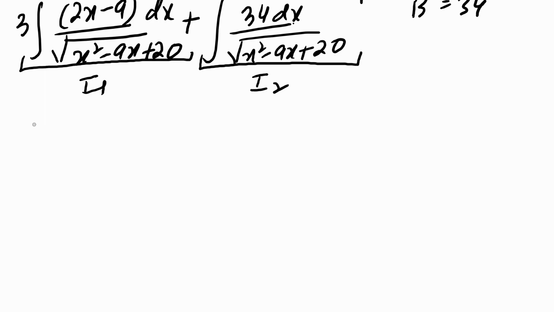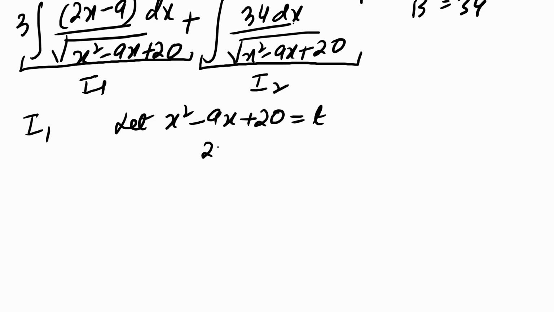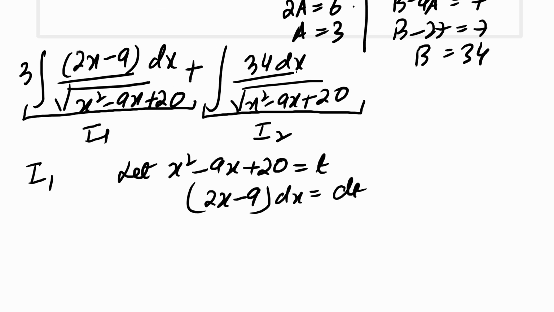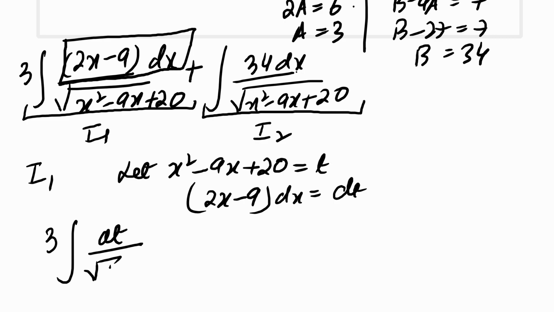Okay. So in I1 what we will do? Let x square minus 9x plus 20 is equal to t. Then 2x minus 9 dx will become dt. So here instead of the whole of this, we will write 3 dt upon under root t. Okay, this is I1, we are solving for I1 only.